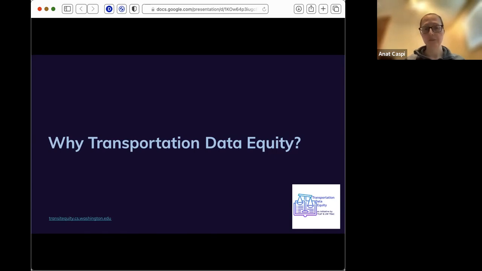And so Google was really pushing this specification. And I should note that USDOT was actually pushing other kinds of data standardization efforts at the same time.